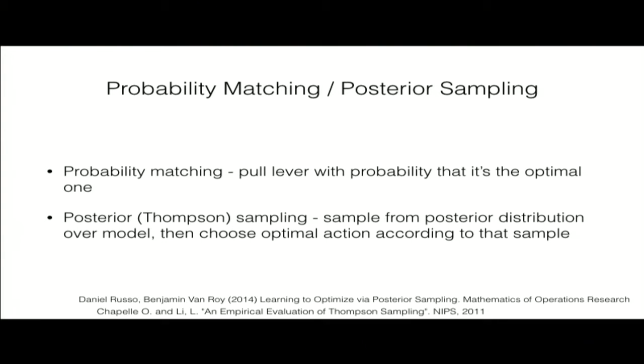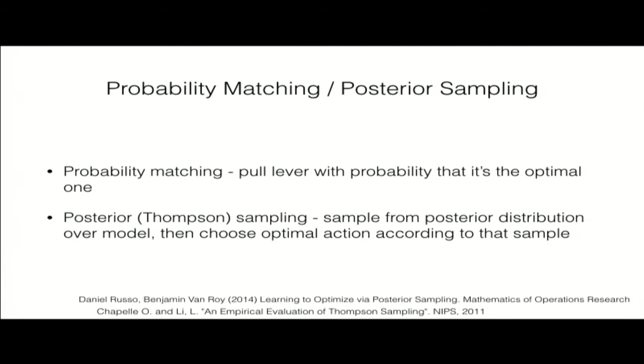Another is called posterior sampling or probability matching. The general principle here is you pull the lever with the probability that it's optimal. One way to do this in practice, which is usually called Thompson sampling or posterior sampling, is you first sample from the posterior distribution a set of all your parameters.